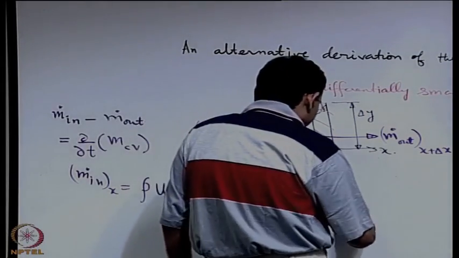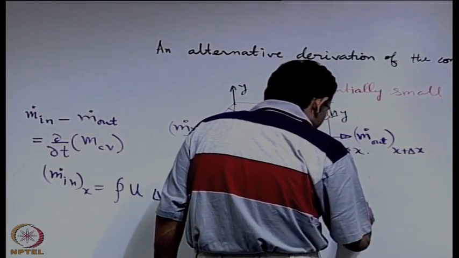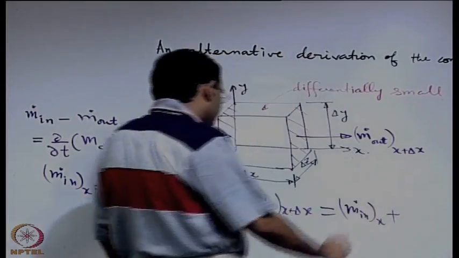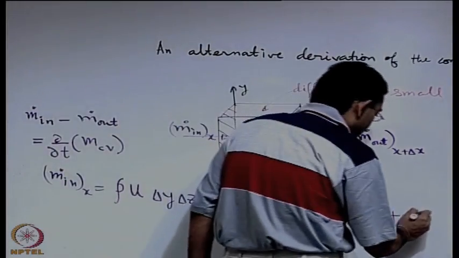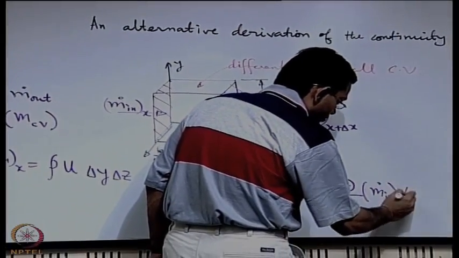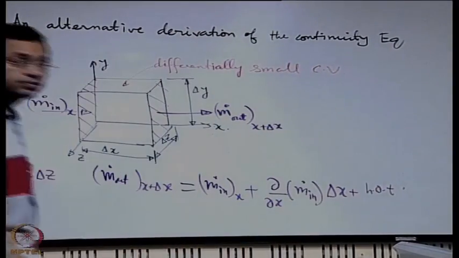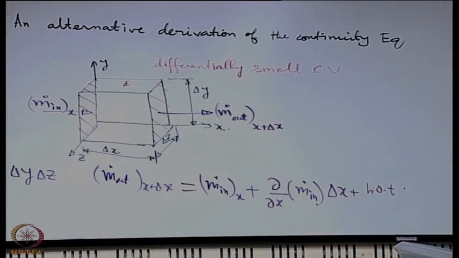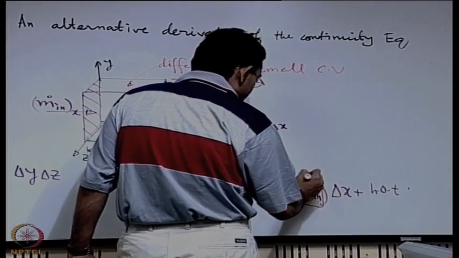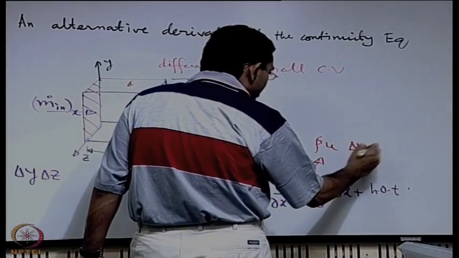So this will be m dot in x plus higher order terms. Let us substitute what we can write in place of m dot in x. So that is rho u delta y delta z.